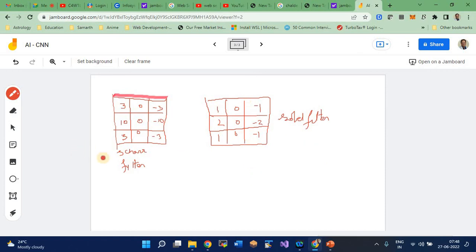Now if you look at it, let's take a 6x6 image. Let me take it to another page, sorry.